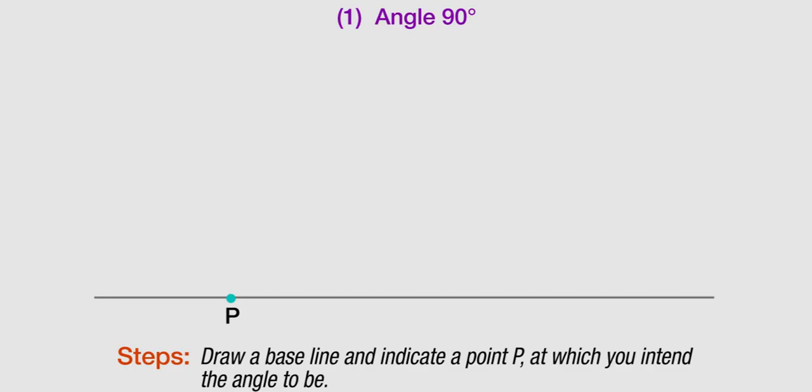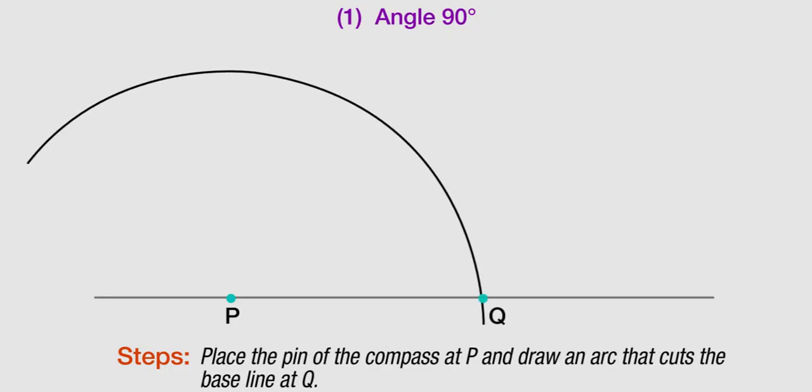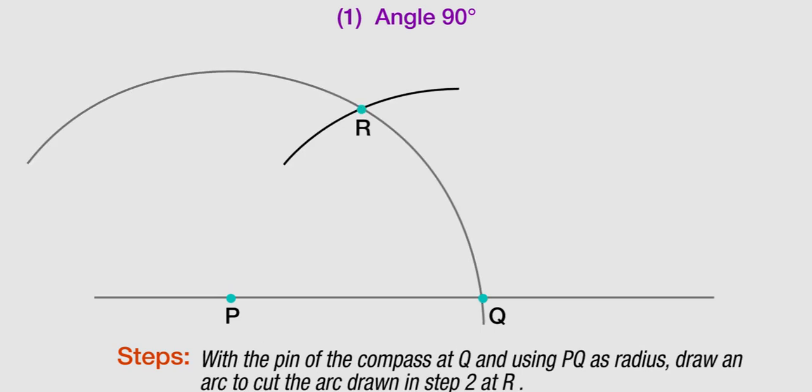Step 2. Place the compass point at P and draw an arc that cuts the baseline at Q. Step 3. With the compass point at Q and using PQ as radius, draw an arc that cuts the arc you have already drawn in step 2 at R.